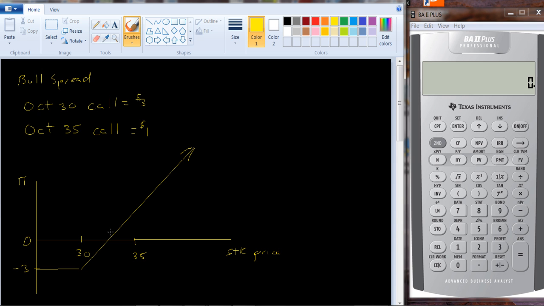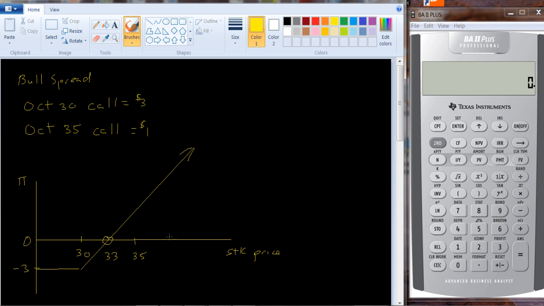So break even here, and I didn't draw it quite precisely, but break even is $33 a share. Why is that? Because if it goes to 33, you can buy the stock at 30, sell it for 33, and you'll make $3, but it cost you $3 to buy this option, so you just break even.